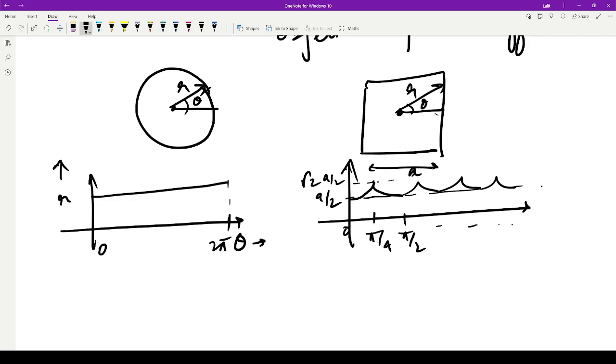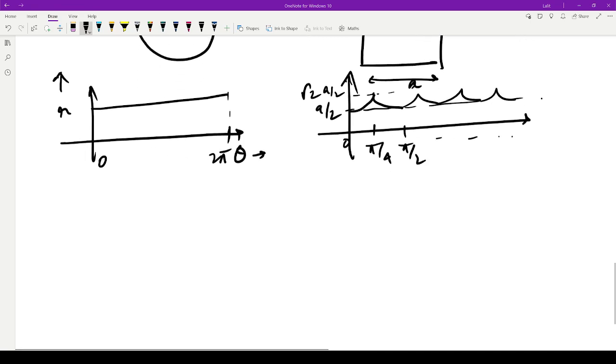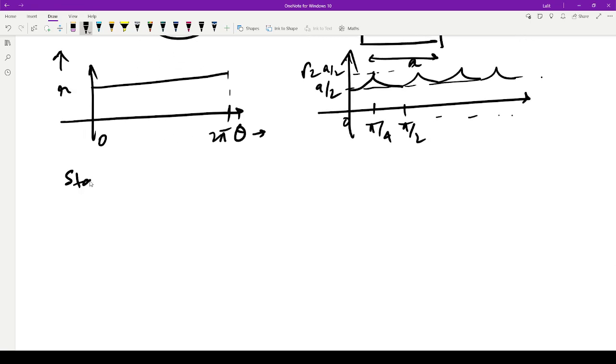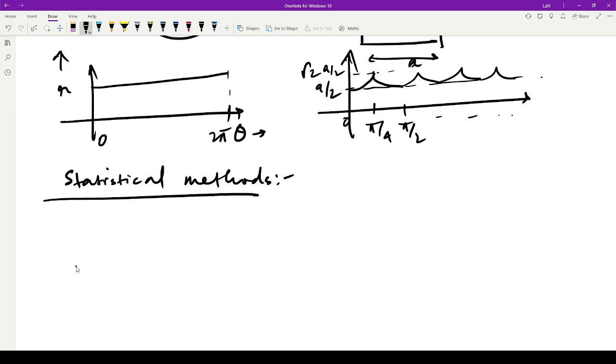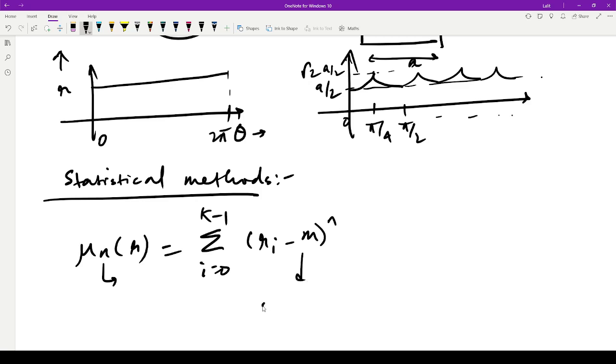Yeah, so once this is done, as usual in the other applications, here also we use statistical methods where we compute the moments. So this is the nth moment for a random variable r, which for the discrete case turns out to be like this: Ri minus m, where m is the mean, which is the zeroth order moment.